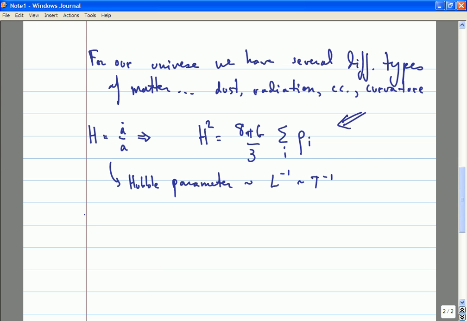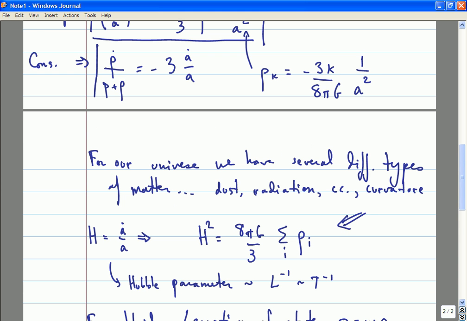So, for example, for a fluid with equation of state so that the pressure is linearly related to the density, then the conservation equation, which I wrote down above, so here's the conservation equation, then becomes a first-order differential equation for rho, which says that rho is going to be related to a to some power.